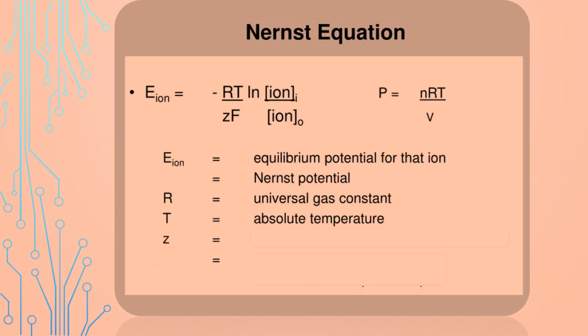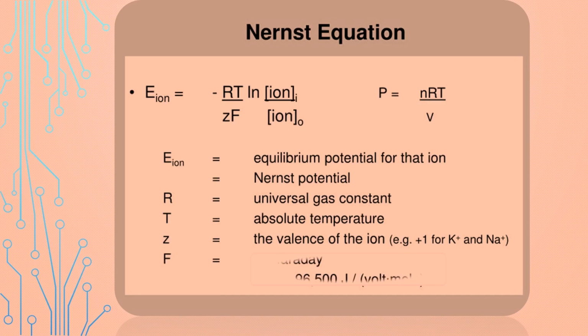Z represents the valence of the charged particles, for example, sodium and potassium ions are positive 1. F represents Faraday's constant, which equals 96,500 joules per volt per mole. And finally, Ln represents the natural logarithm of ion in over ion out.